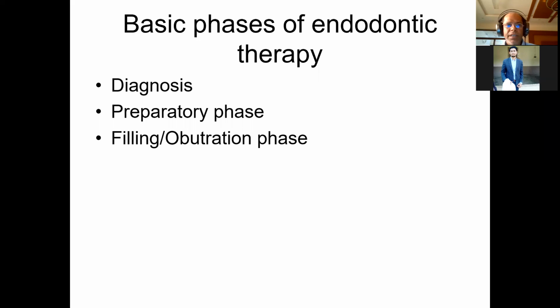Once you diagnose a case, then you have the preparatory phase, and then your obturation or filling phase, and then finally there is the restoration.